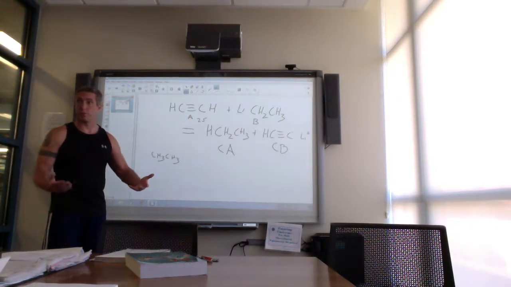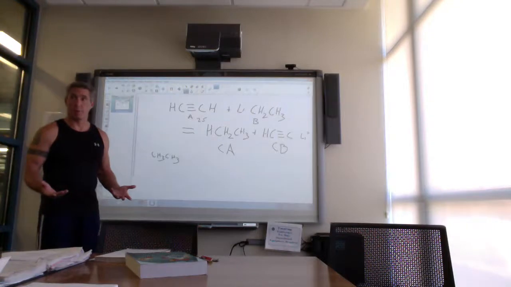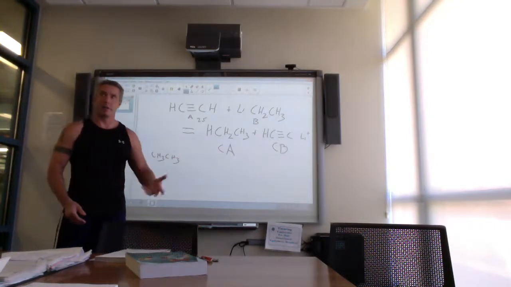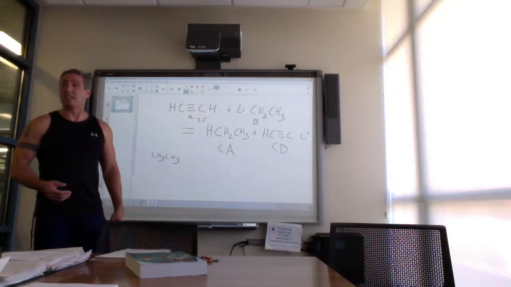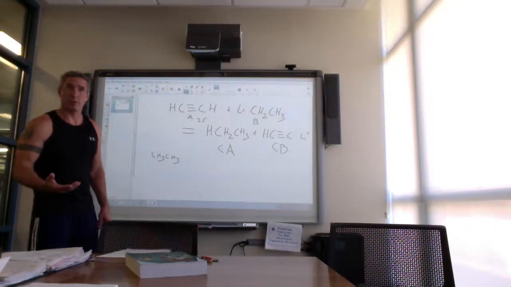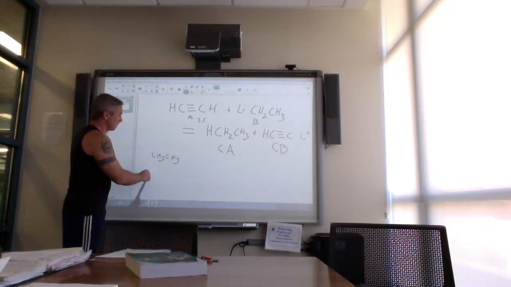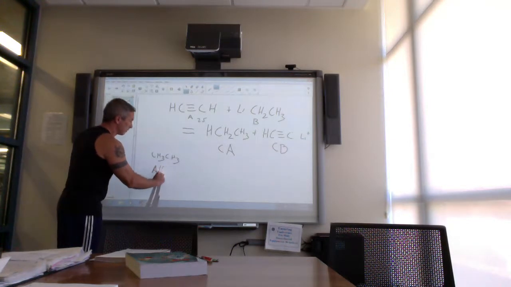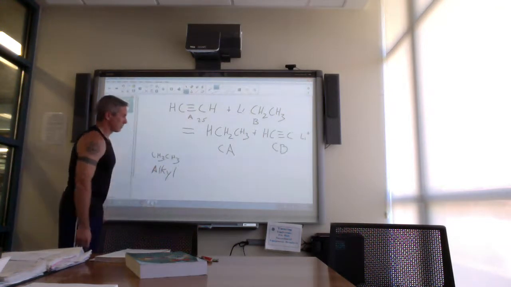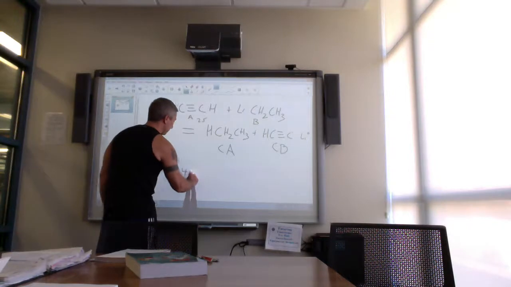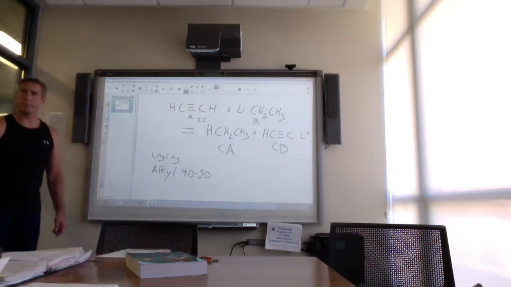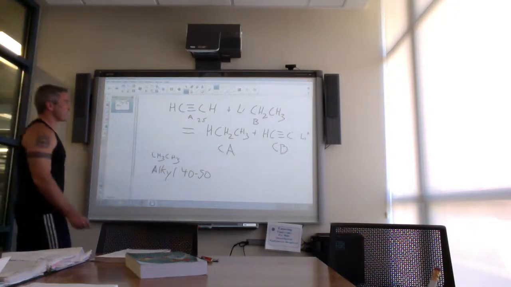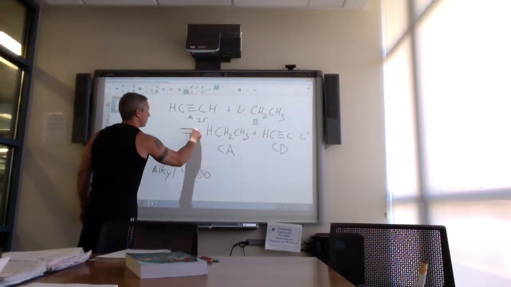When they're substituents, those are called alkyls. So if this is an alkyl, what's the pKa? 40 to 50. You got it. Which direction is this going? Towards the product. Yep.